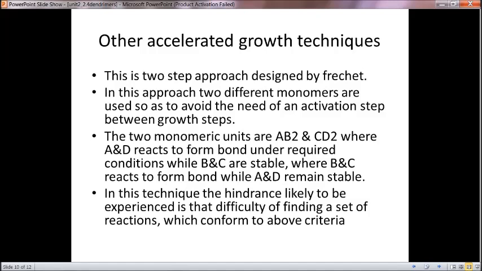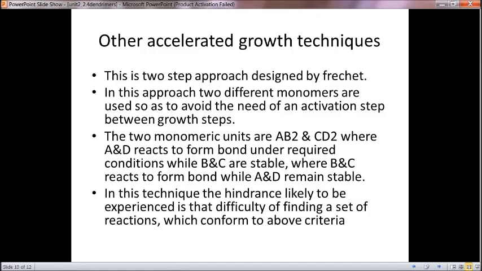So AB2 is one monomeric unit and CD2 is the other, and when B and C react to form a bond, A and D remain unchanged. So this is the accelerated growth technique.